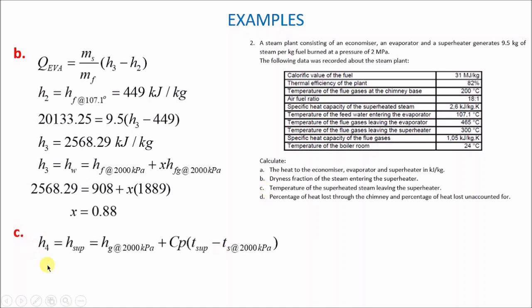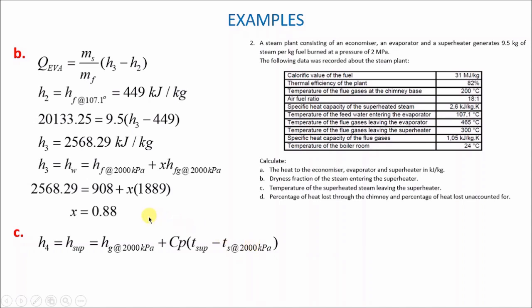At the exit of the superheater, the steam is superheated, and therefore the enthalpy H4 is an H sup, given by Hg plus Cp times T sup minus Ts. In this case, Hg will be at 2000 kilopascals because that's the pressure in this steam plant, and Ts will be the saturation temperature at 2000 kilopascals.